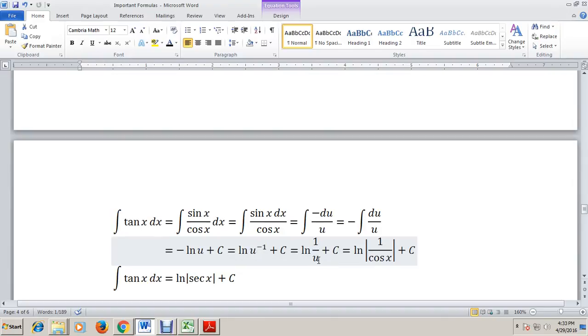And of course, by resubstituting the value for u, our original u is equal to cosine x. Therefore, we have 1 over cosine x. Now, recall also that part of the trigonometric identities, 1 over cosine x is secant x. So, therefore, we arrive at the integral of tangent x dx as equal to ln of secant x then plus c.